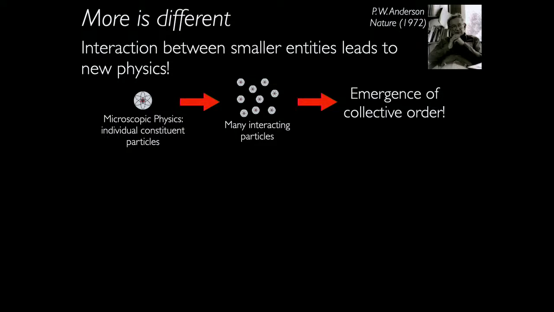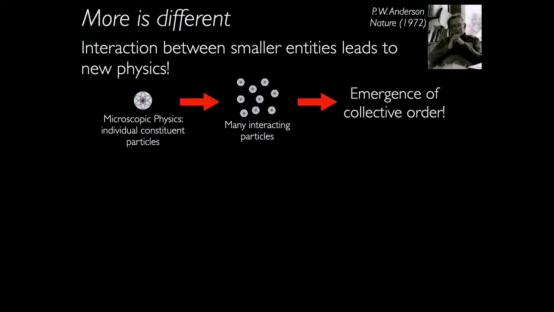And one can think of several examples in physics. For example, I am showing a schematic here. You can think of the conventional liquid gas transition where you have individual molecules, and if you keep on changing temperature, because of interaction, you see suddenly a change in phase. You go from a gas to a liquid or a liquid to a solid.